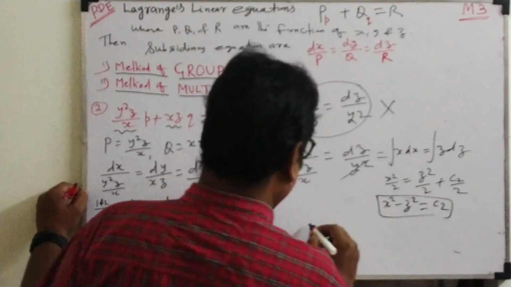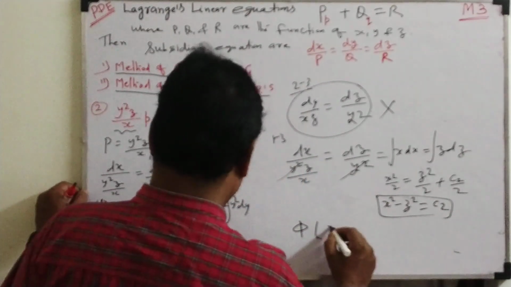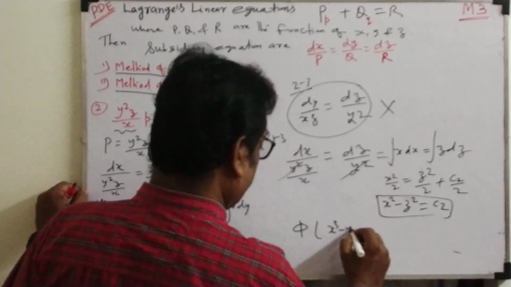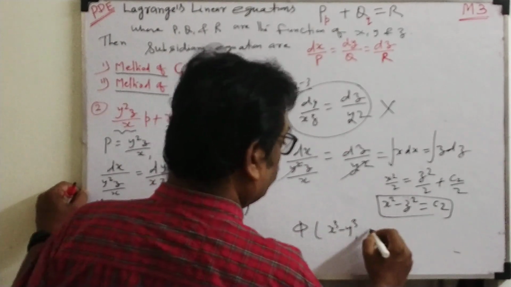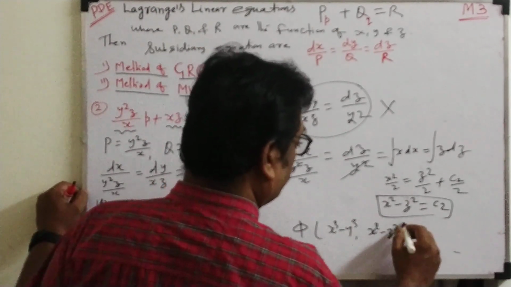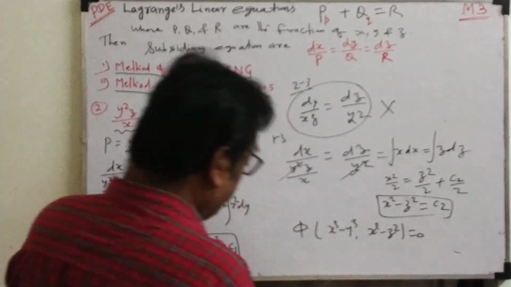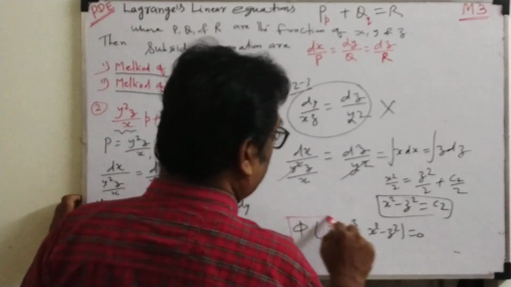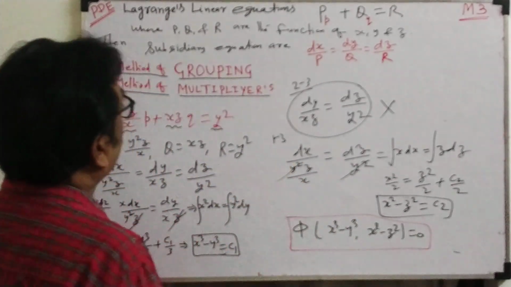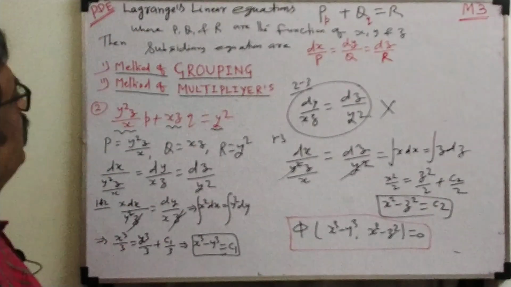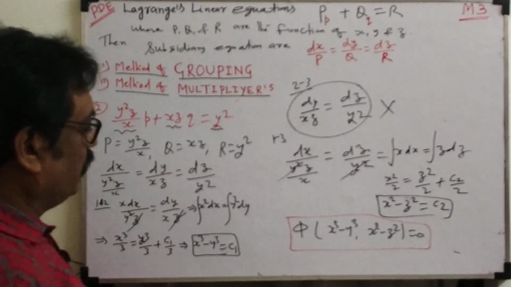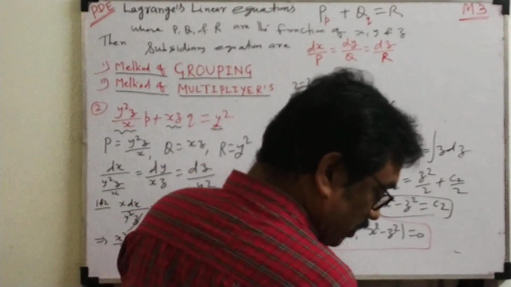Another part: we can write phi is equal to x cube minus y cube, comma, x square minus z square equal to 0. This is our general solution for the Lagrange equations under the method of grouping. So this way we can solve the method of grouping problem.